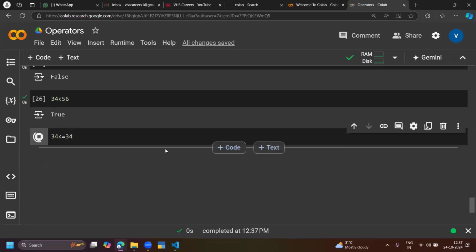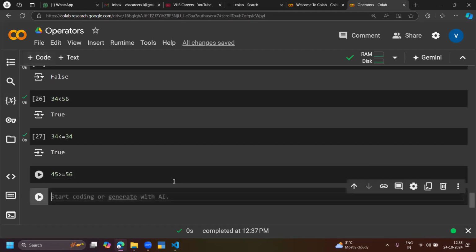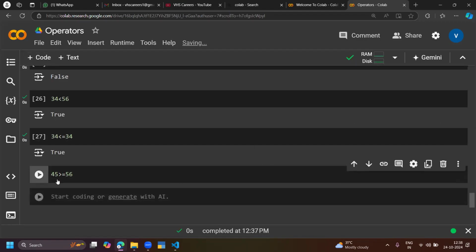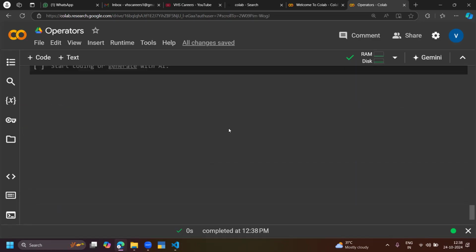So finally output will be true. Less than or equal to working. And 45 greater than or equal to 56. It is basically false. So in this way, you have to work with the relational operators. These are the different kinds of relational operators which are available in Python. You can practice relational operators.